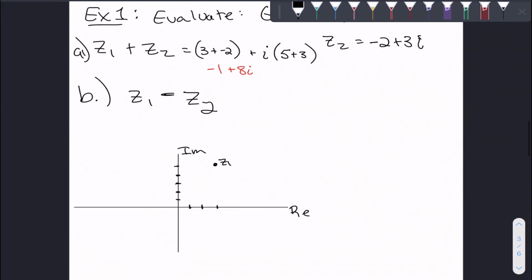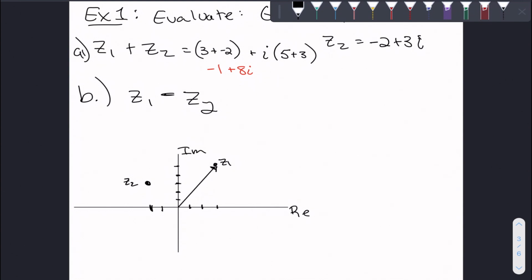I'll label it as z1. z2 is negative 2 and 3i. So what we are doing here is going out from the origin.